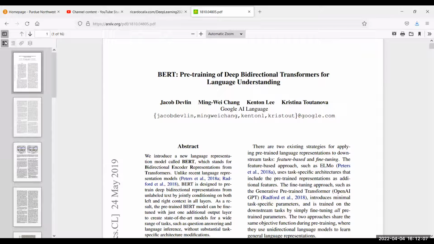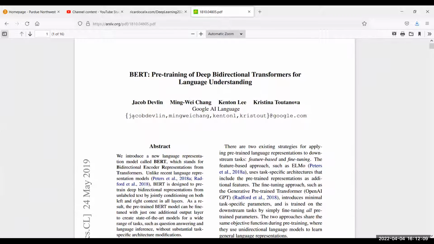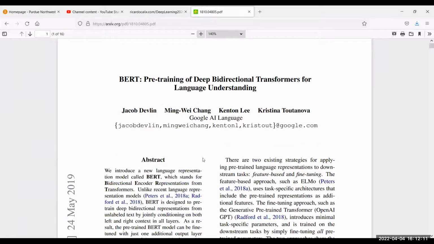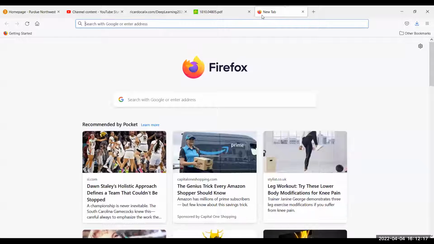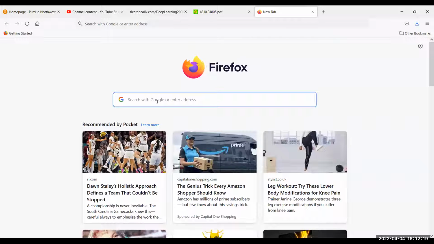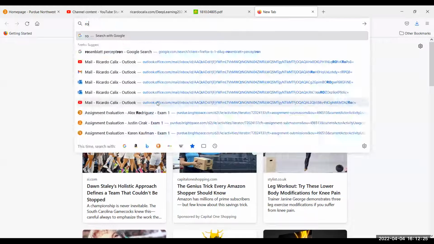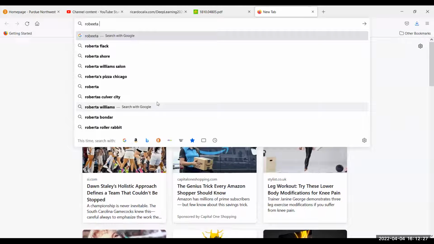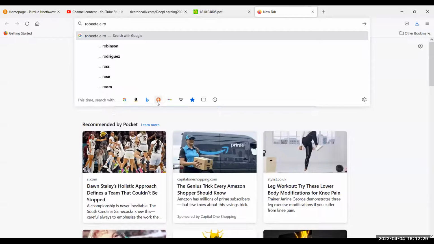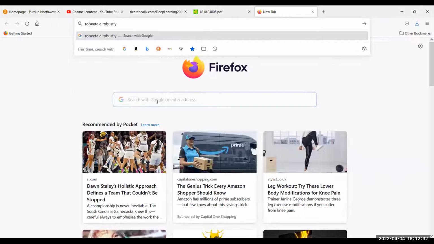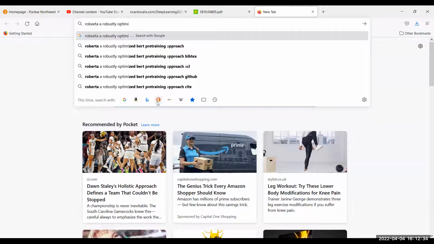Okay, so this is the BERT paper, it's really important. Then I'm going to bring up also the Roberta paper. So are you guys seeing me looking for these? Yes, we did.